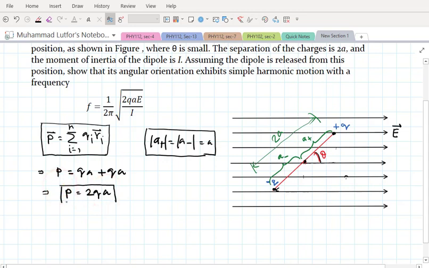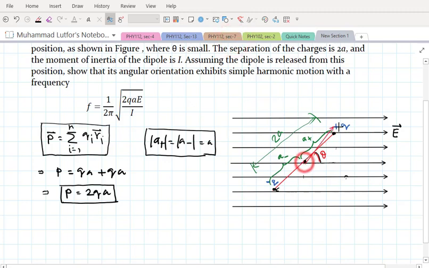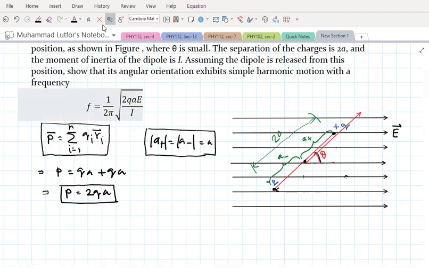This would be the electric dipole moment, and its direction would be from the negative to the positive charge, towards that direction. Fine.